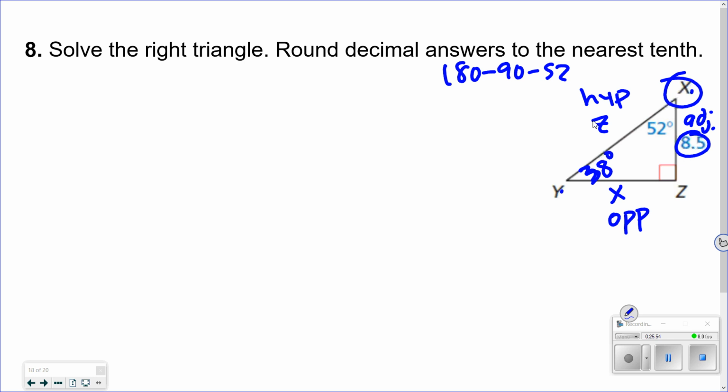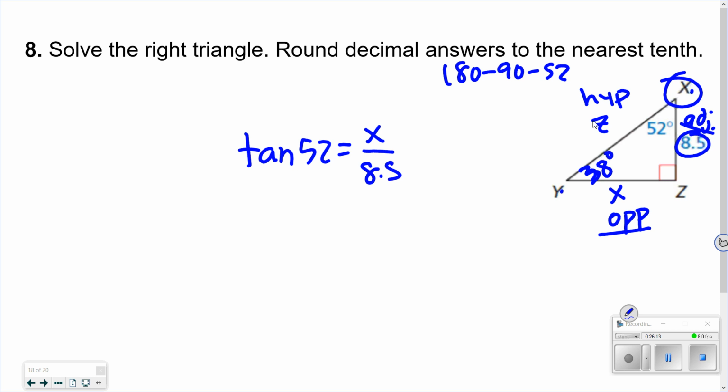So let's pick the trig ratio. If we're trying to find X, let's pick the trig ratio that involves the opposite side and the adjacent side. That would be tangent. So the tangent of 52 is equal to the opposite, which is X, over the adjacent, which is 8.5.